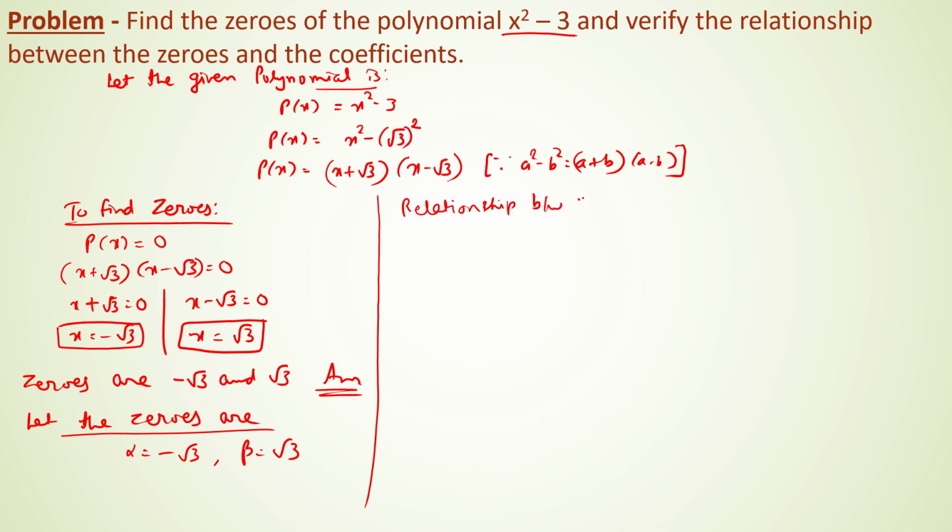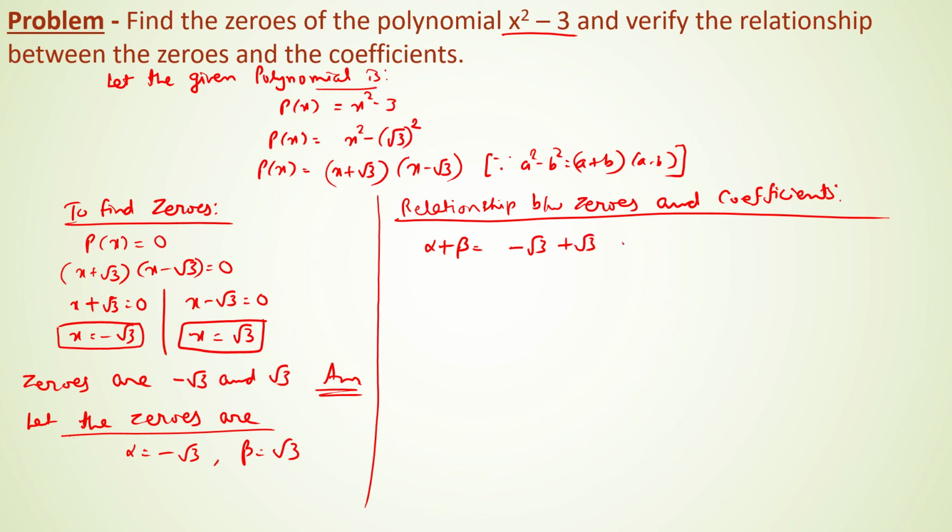So we get alpha plus beta equals minus root 3 plus root 3, which is 0, and we can write it as 0 upon 1.